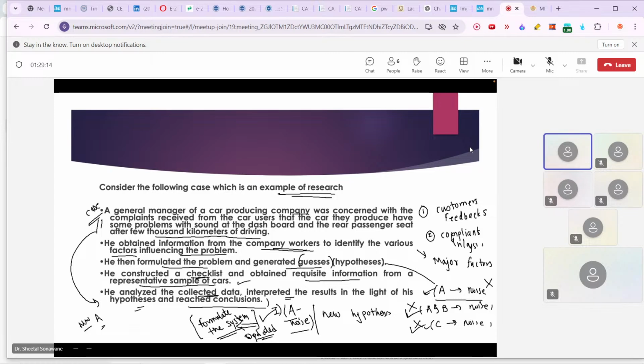Okay, once you have these guesses, then you will check the hypotheses based on sample students. But these hypotheses are not sufficient, we will need more hypotheses. You can increase your advertisement.